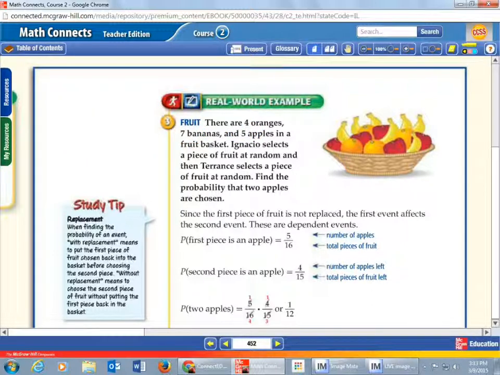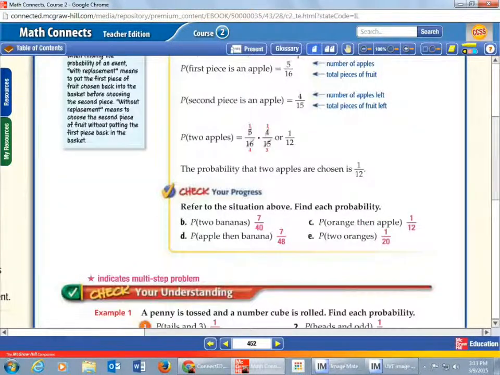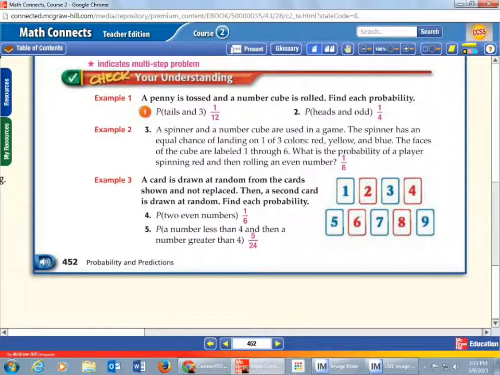Okay, so now let's see if we can go on a little further. We come down here and we say a penny is tossed and a number cube is rolled. Find the probability of a tails and a 3. So let's think about this a little bit. Is this independent or dependent? Well, the answer here is they are independent.